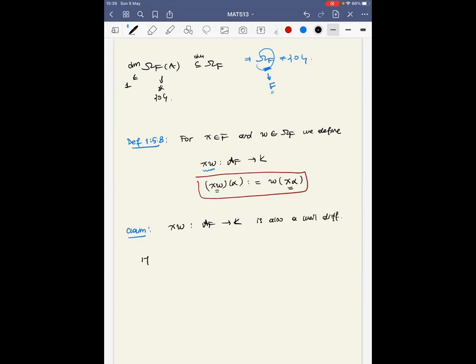In fact, if omega is a Weil differential which vanishes on the adele space of A plus F for some divisor A, our claim is that x omega vanishes on the adele space of the divisor A plus the principal divisor of x, the function x we consider in this multiplication, plus F.